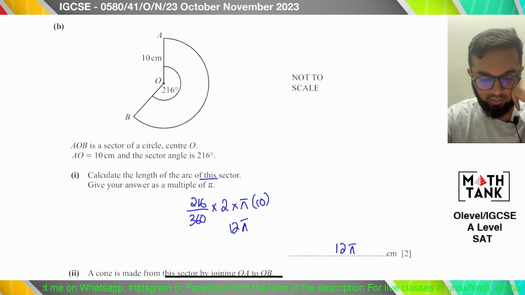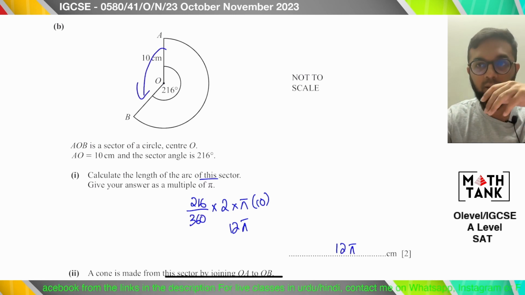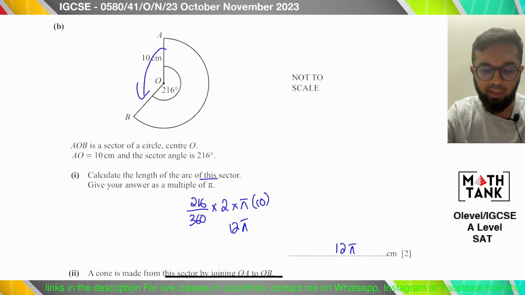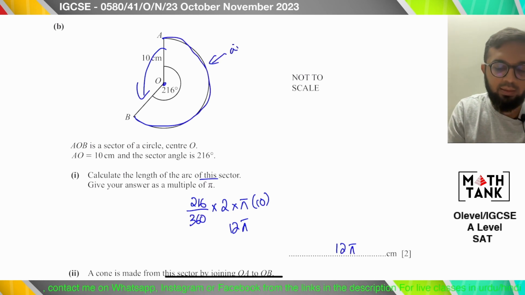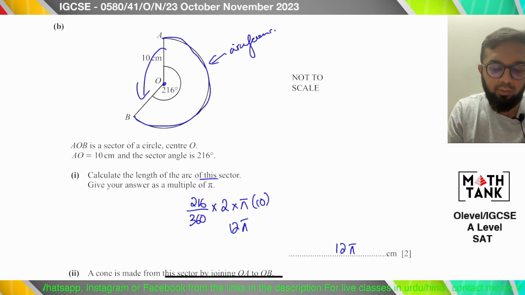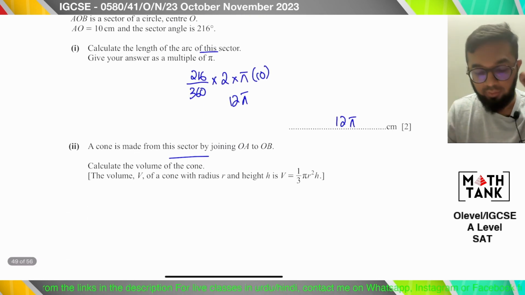That is one thing that you have to remember, that if I join this side to this side, it's going to become a cone with a top at the center and A as the bottom and so on. This is going to roll into the circumference of the base. I hope you've seen a question like that before.